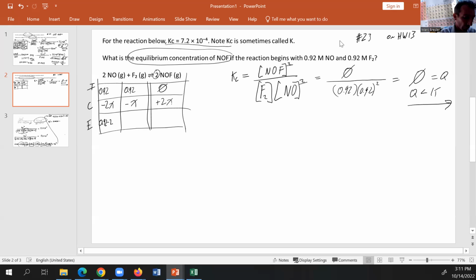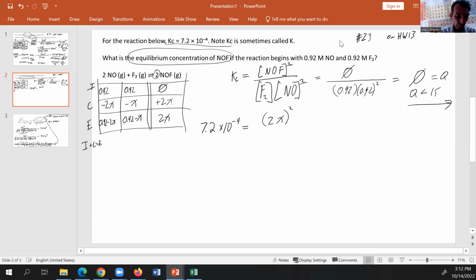0.92 minus 2x, 0.92 minus x, because you sum up your columns. The initial plus the change equals the equilibrium. So then you get 2x here. So then we can go ahead and plug in your values for everything. So the K value is 7.2 times 10 to the minus 4, which equals 2x squared.